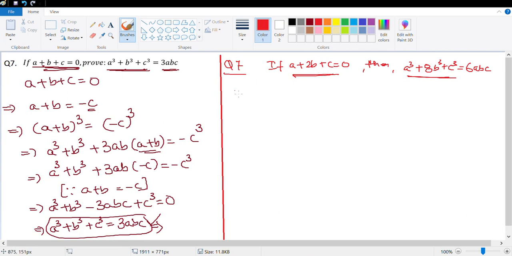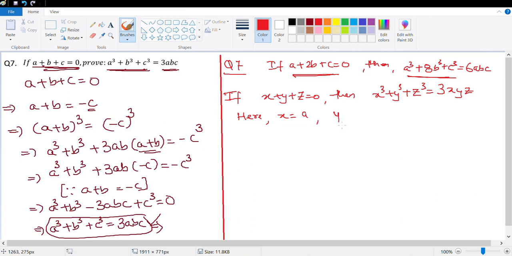So if x plus y plus z is equal to 0, then x cube plus y cube plus z cube is equal to 3xyz. Here in this question, x is equal to a, y is equal to 2b, and z is equal to c.